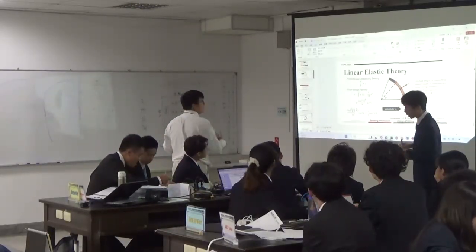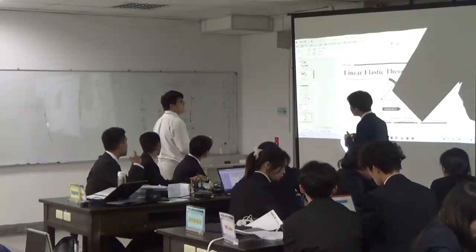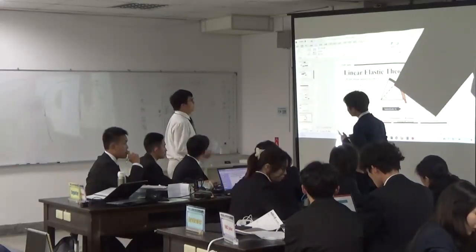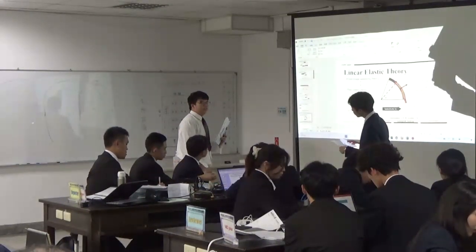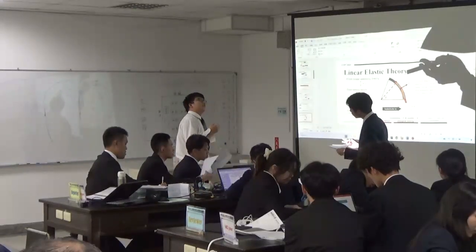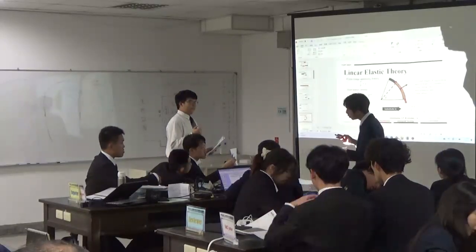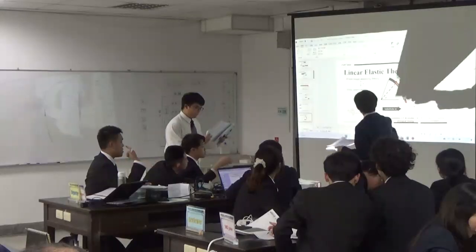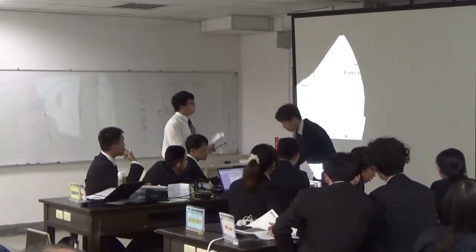Okay, but for the opponent's question, I think you should consider two types of situation, where the spaghetti ball gets different amounts of force during the experiment. However, as you can see, let me use this one.